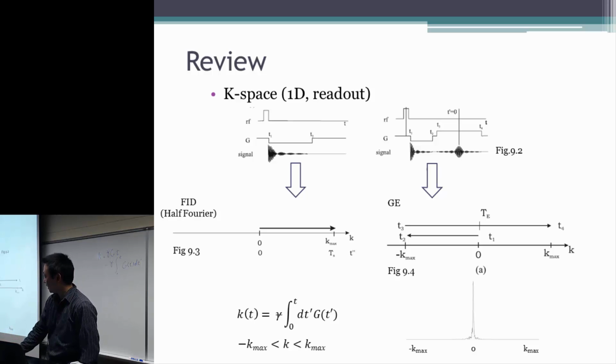Theoretically, collecting half the data would be enough, because K-space is, in principle, a symmetric space. But practically, we usually collect K-space from the negative minimum to the positive maximum.